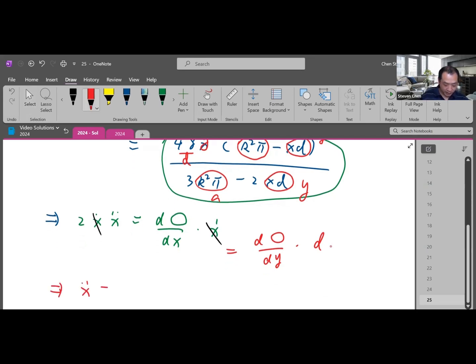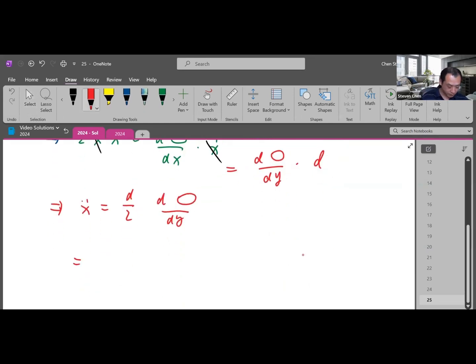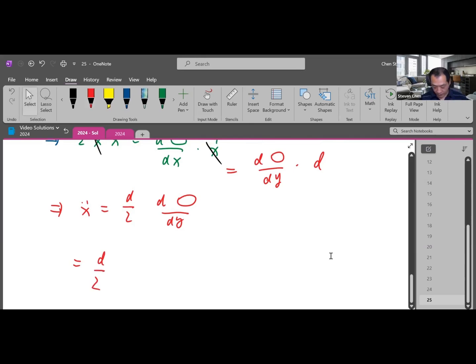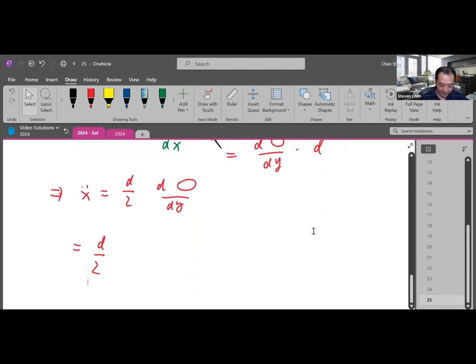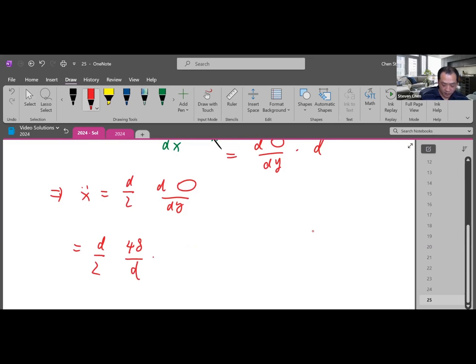So first, let me write down the x double dots in the explicit form: it is equal to d over 2 times d, the whole thing, over dy, okay? So what is the derivative? We have constant factor 4g over d times d over dy.